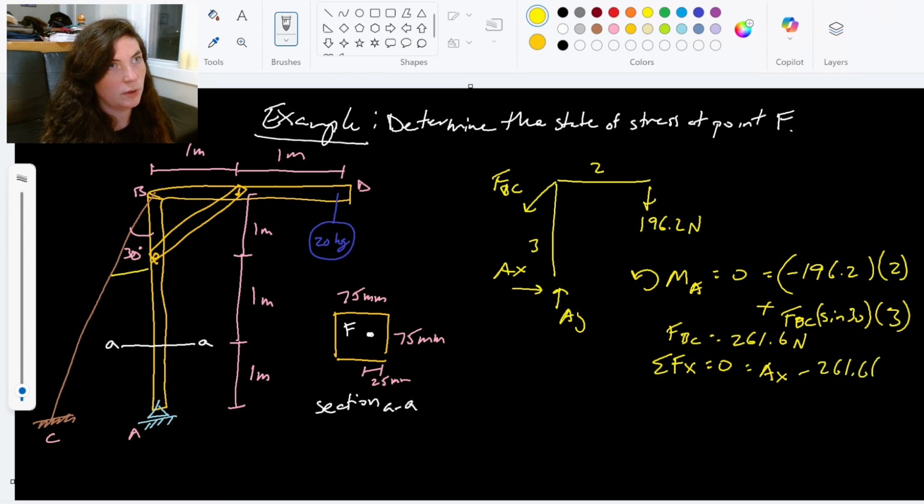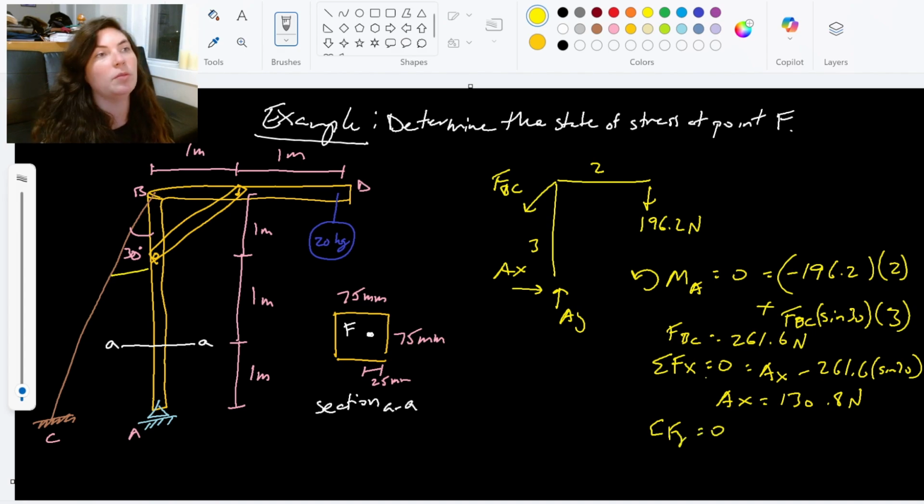So 261.6, we said the X component was sine 30. So my A reaction, X is 130.8 newtons.